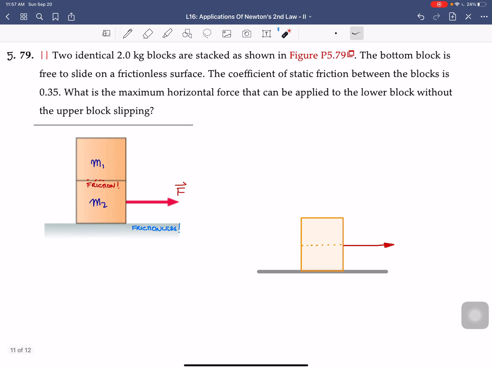Okay, so what do we have? You've got the masses of the two blocks. They're identical blocks, so M1 equals M2 equals 1 kilogram. There's friction between the bottom of M2 and the floor. Oh, sorry, that is frictionless. There's no friction there, but there is friction between the two blocks.